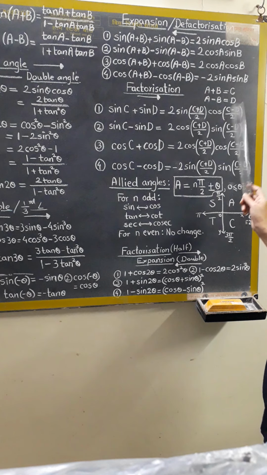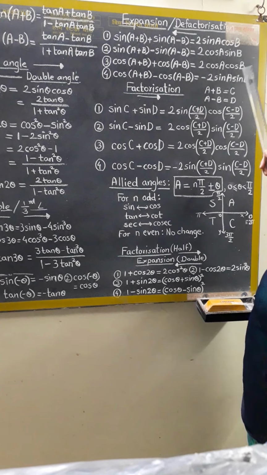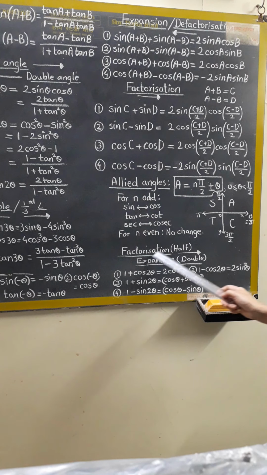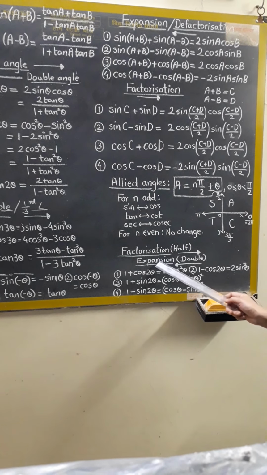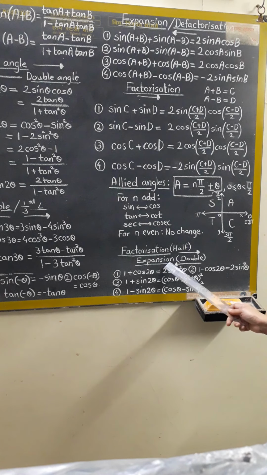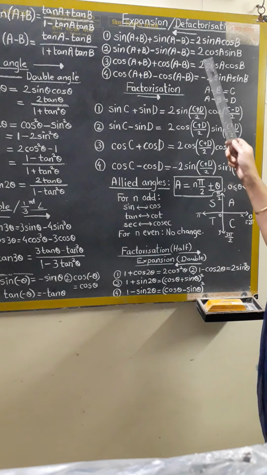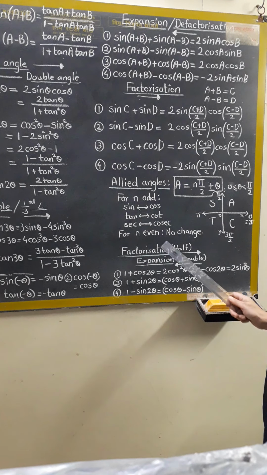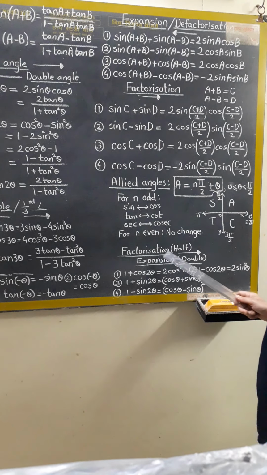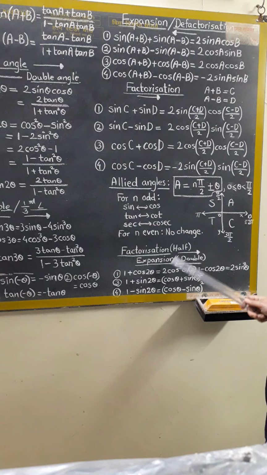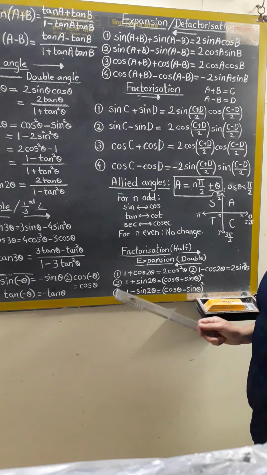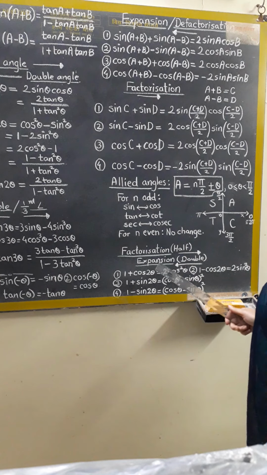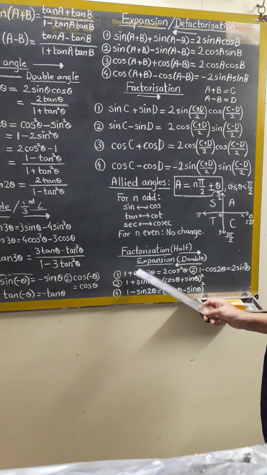Now, in a similar manner, we are going to discuss the factorization and expansion formulae, but not the same ones we are repeating. Why? Because at the same time they are nothing but half angle and double angle formulae also. With the help of those half angle and double angle formulae, we arrive at those formulas.